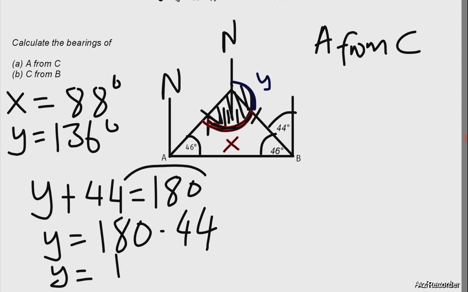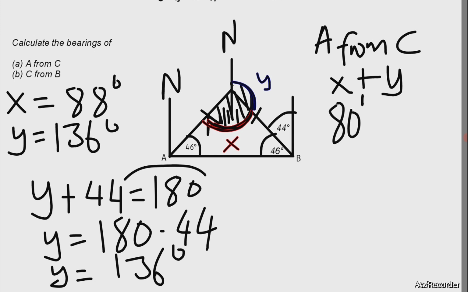Now that we have both X and Y, the bearing of A from C is actually X plus Y, which is 88 degrees plus 136 degrees.